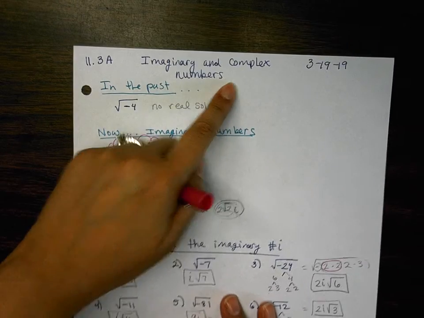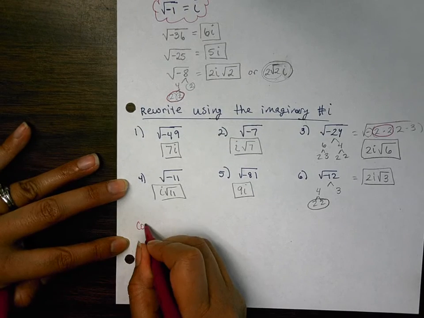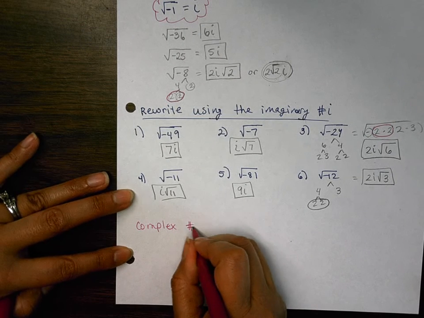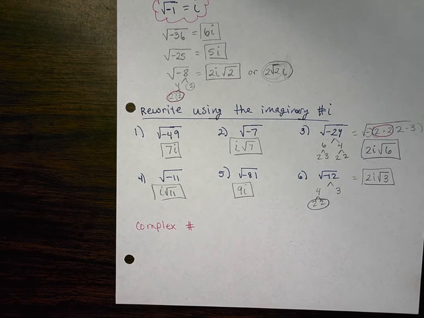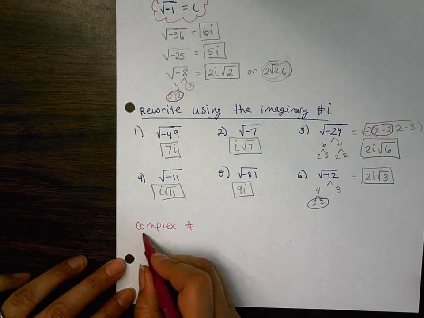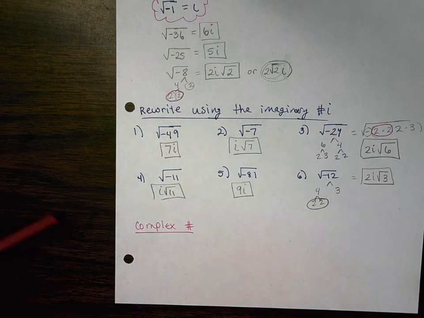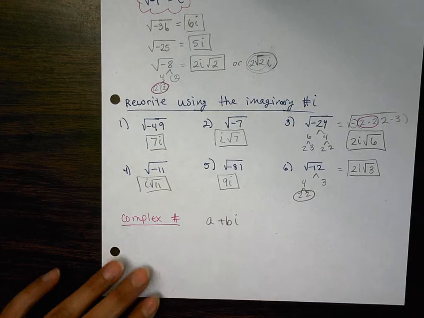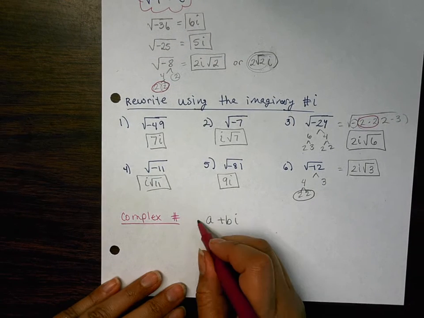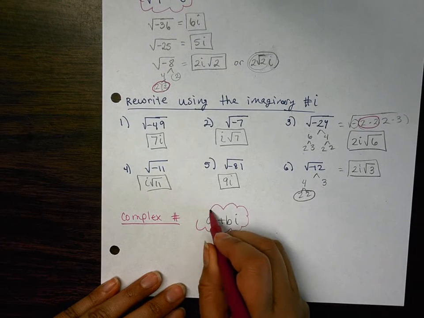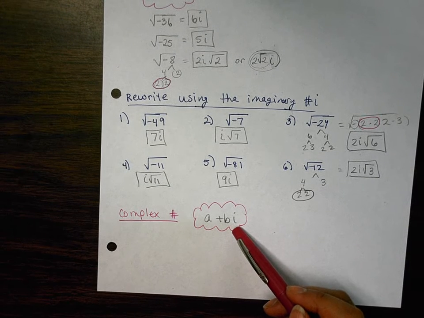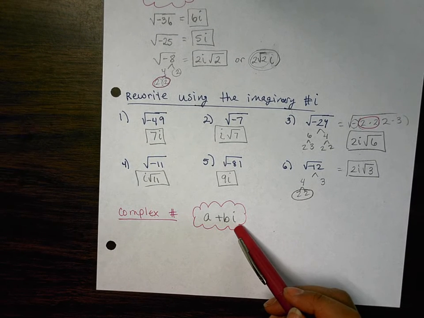Next thing I want to talk about is what is a complex number. That's in the title of our notes. A complex number looks like this: a plus bi. a is your real number. bi is your imaginary number.